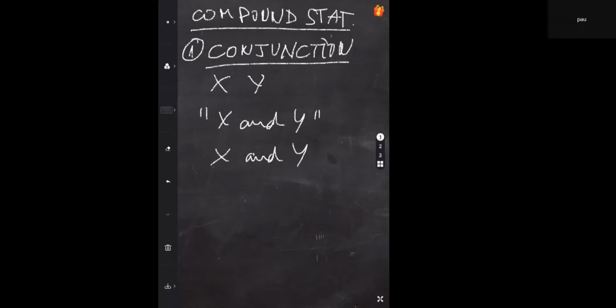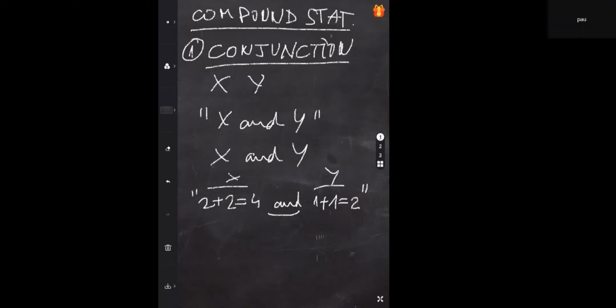For instance, a very easy example now. 2 plus 2 equals 4, and 1 plus 1 equals 2 is true. And we're using a conjunction because this is our X and this is our Y.